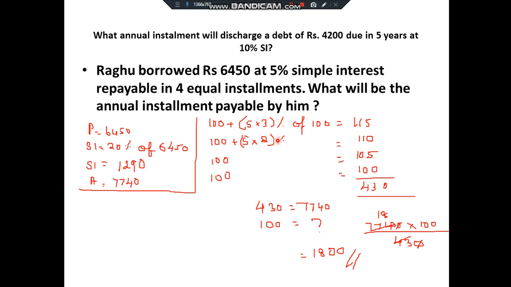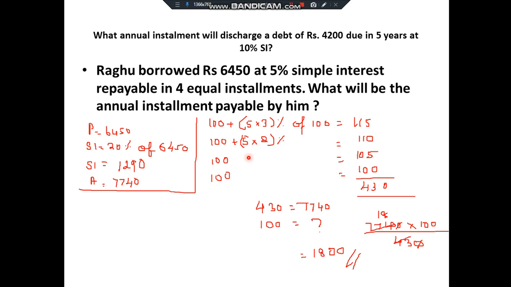Okay, next step, 100 plus for the next 2 years you are using, so the interest is 5 into 2%, totally 10% of 100, which is nothing but 10. So 100 plus 10, 110. For the third year, same 5% for using for 1 more year, right?